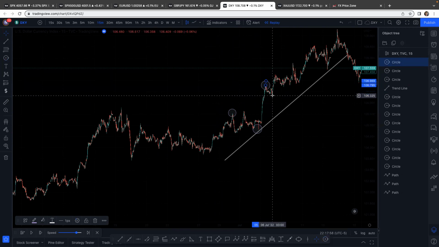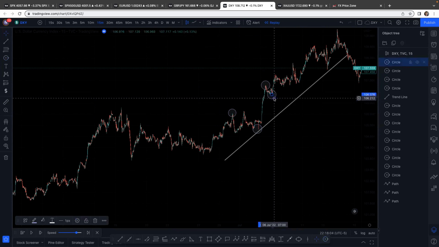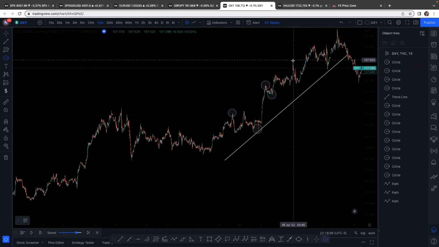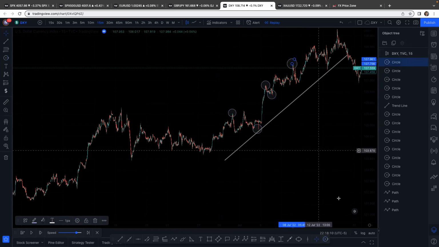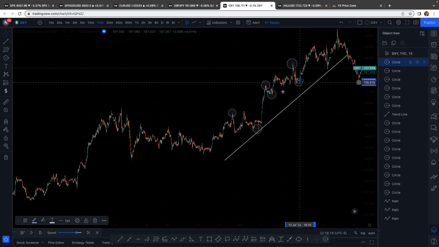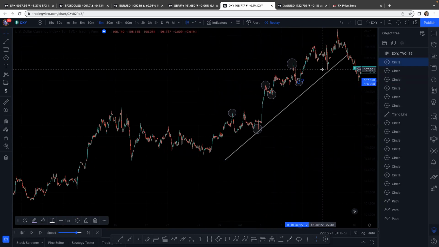And then a higher low. This probably isn't a good example, but here's another higher high, and then a higher low. It's not necessarily higher than this low, but you can just see that it's an obvious upward movement.